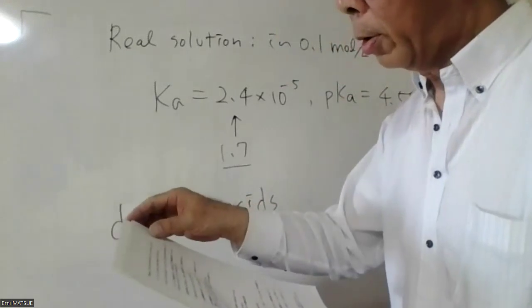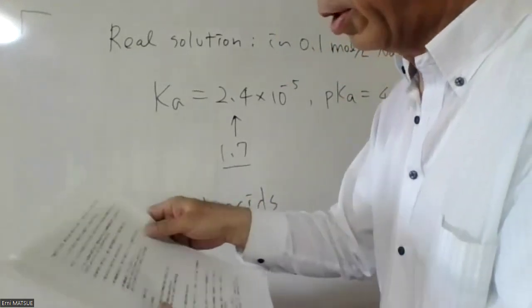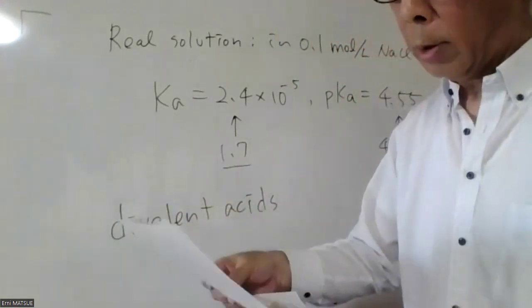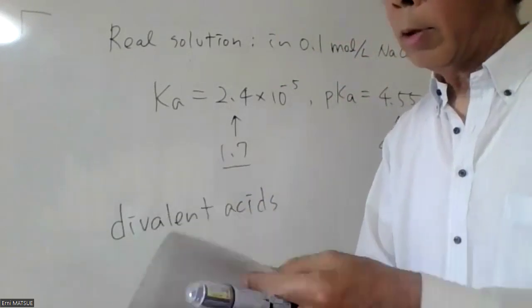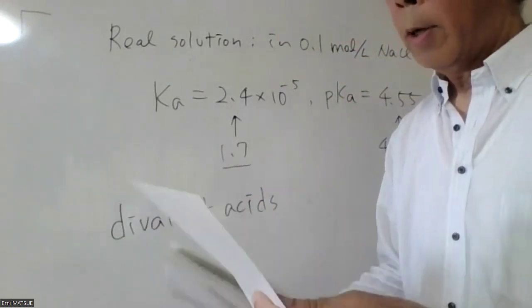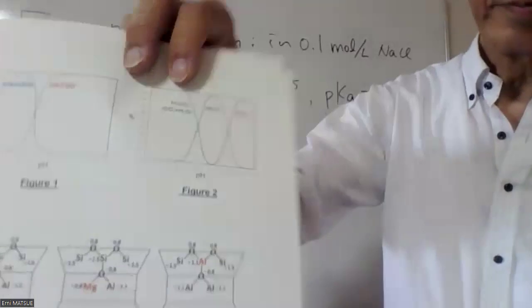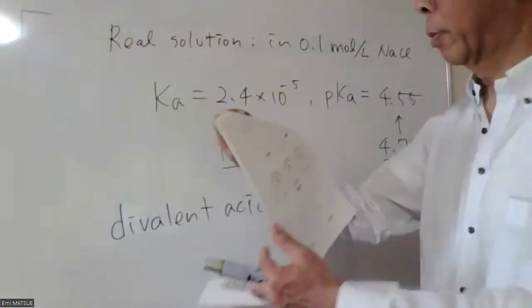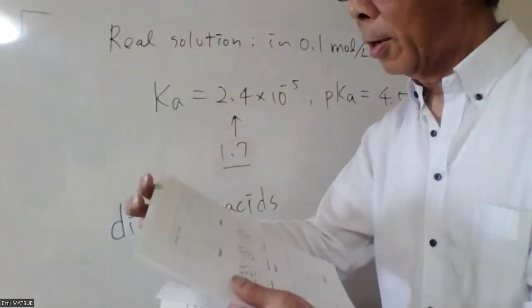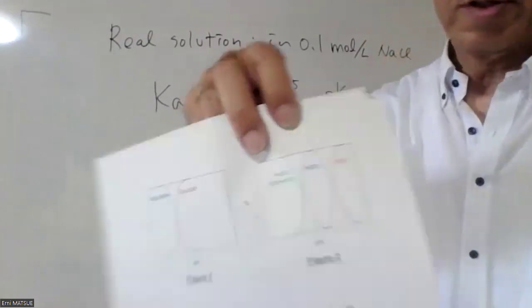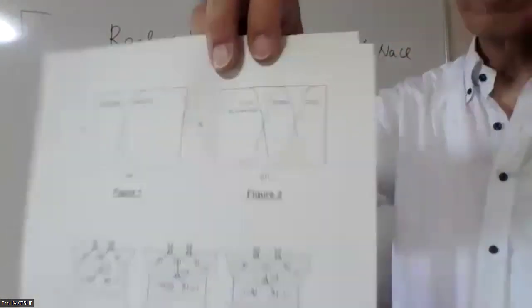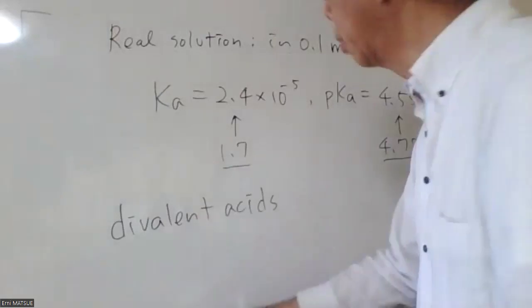Could you look at figure 2? Figure 2 shows the dissociation curve of carbonic acid, H2CO3.